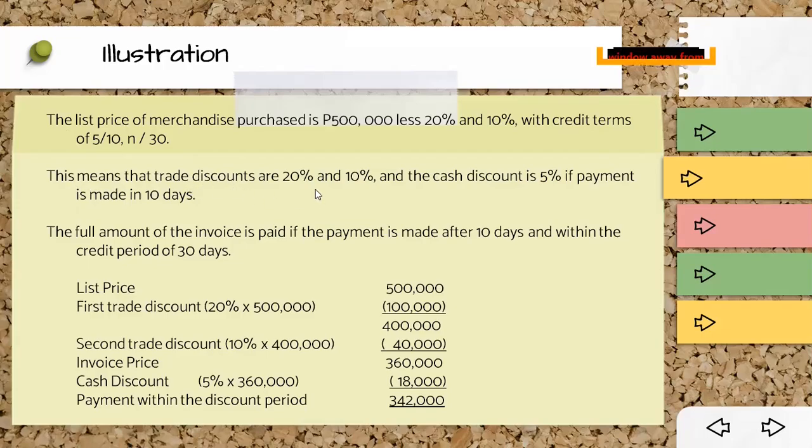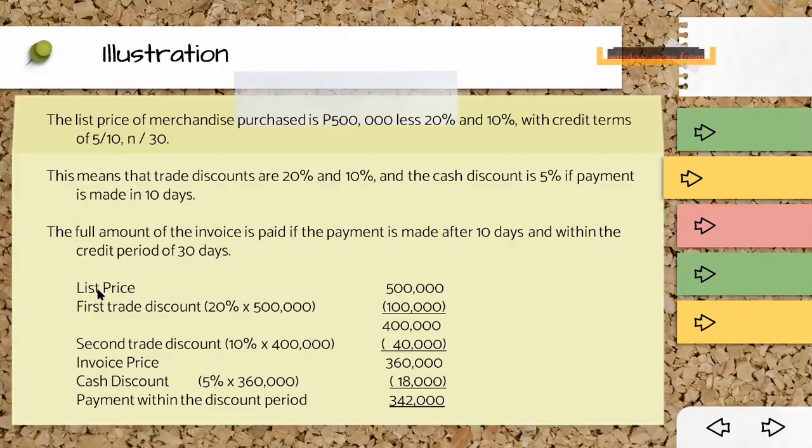This means that the trade discounts are 20% and 10%, and the cash discount is 5% if payment is made in 10 days. The full amount of the invoice is paid if the payment is made after 10 days and within the credit period of 30 days.